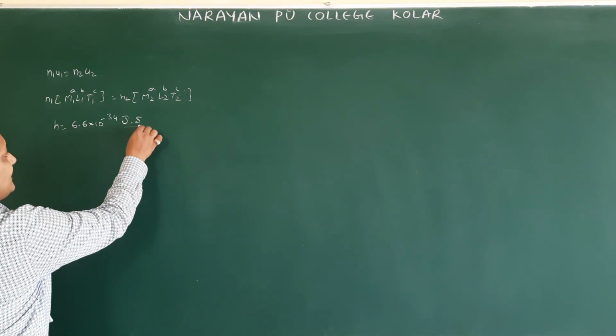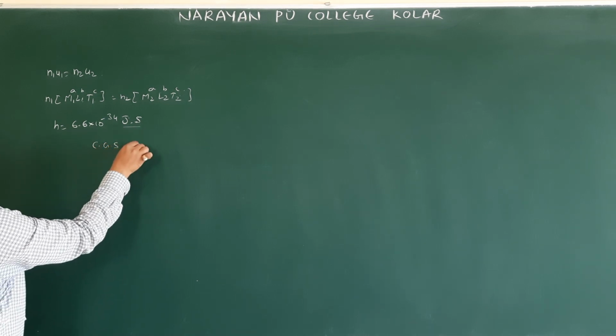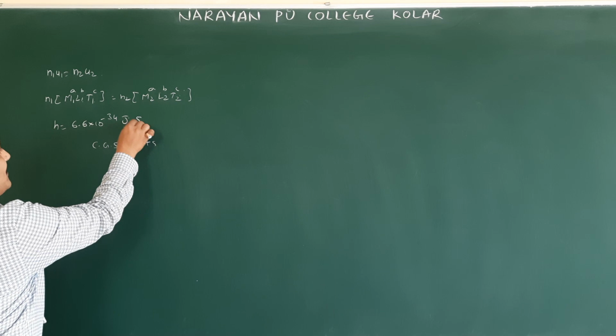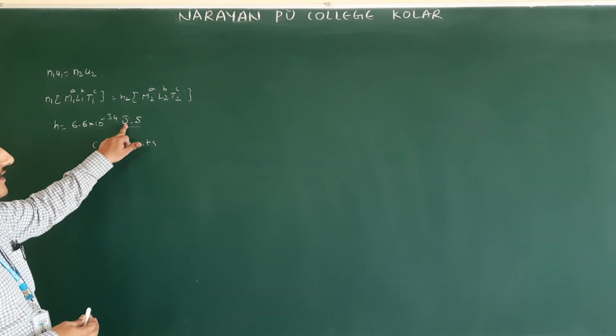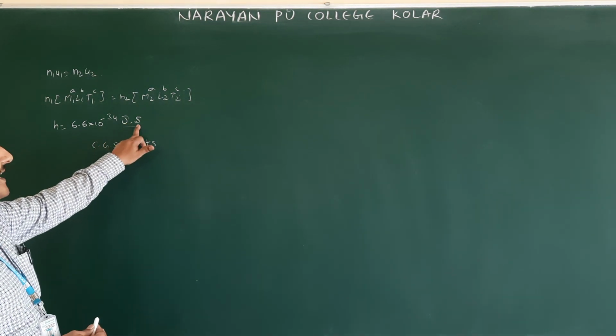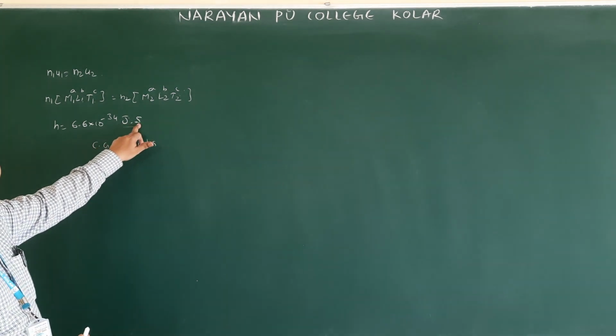This is the SI unit, and they are asking to convert it into CGS units. So we should compare the dimensional formula of joule second. Joule is the unit of energy, therefore we should write the energy dimensional formula. Second means time. First we will write the joule second dimensional formula.